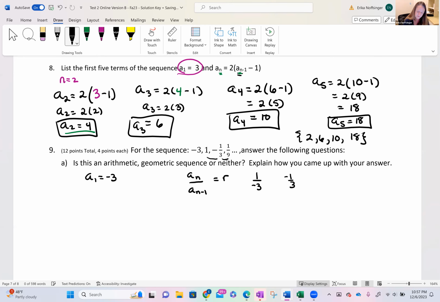If I look at the fourth term divided by the third term, I have 1/9 divided by -1/3. Fraction division: invert, multiply. So 1/9 times -3/1, which is -1/3. And so if I take a term, divide by the term right before it, we always get the same constant r, which is -1/3.